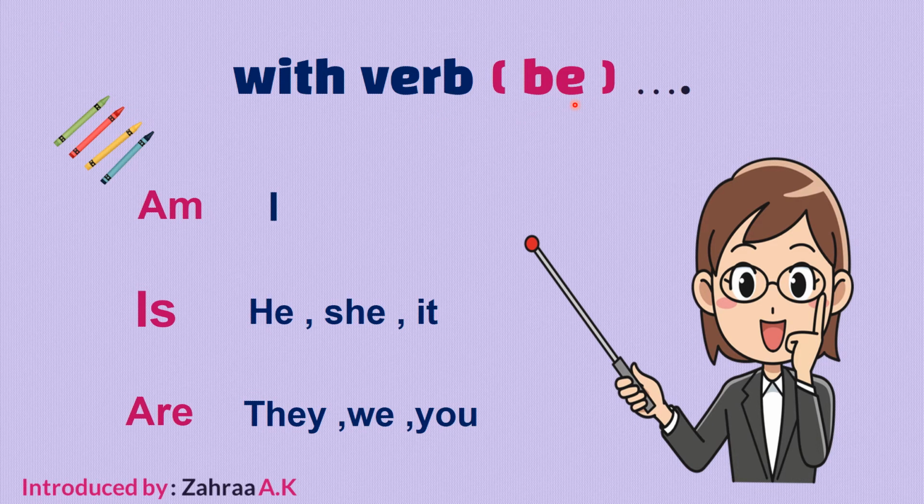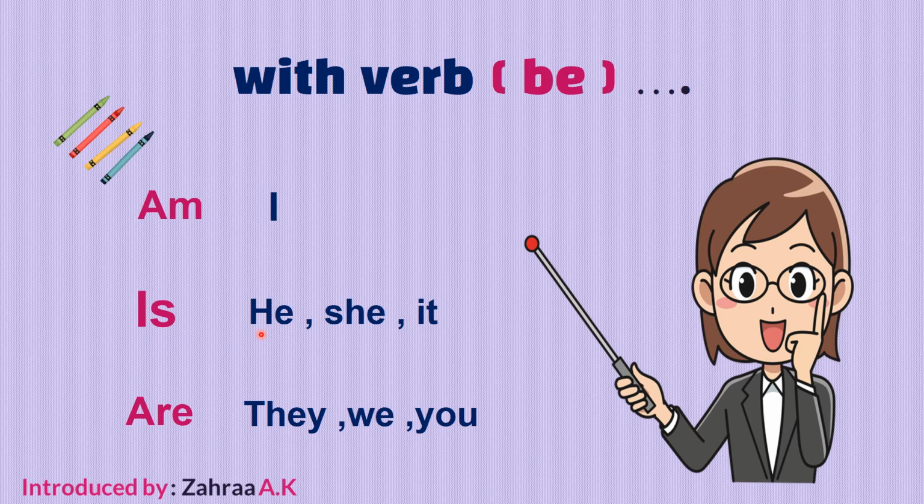So we know verb to be have 3 shapes يعني له 3 أشكال إما am, is or are. So am دائما وياها subject I.